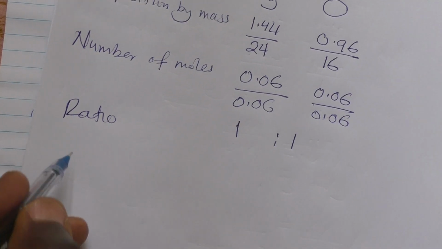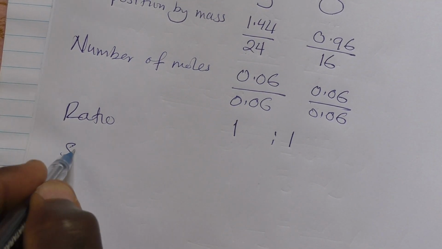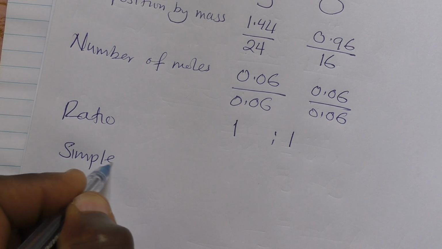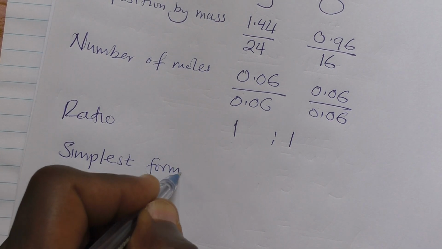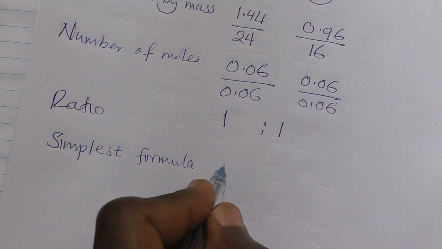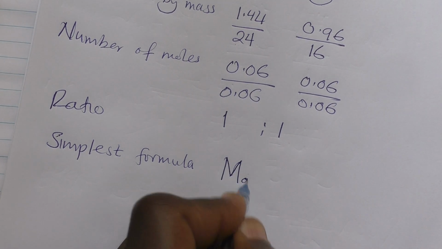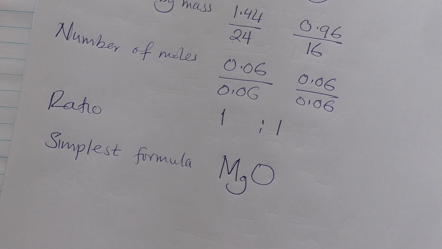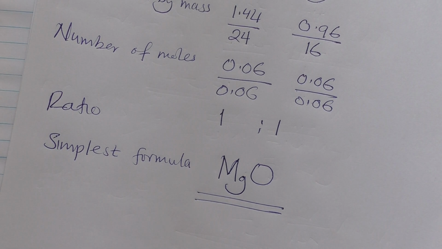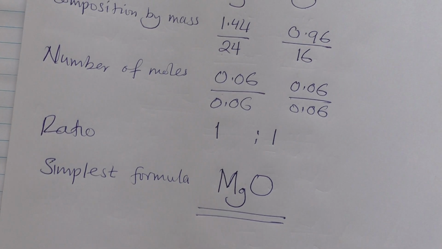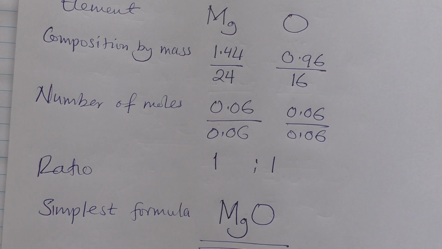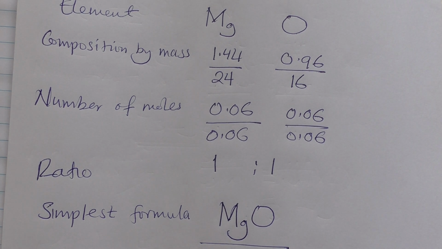And therefore the simplest formula or empirical formula will be magnesium is 1 and oxygen is also 1. So that will be the simplest formula or empirical formula. That is how we find empirical formula.